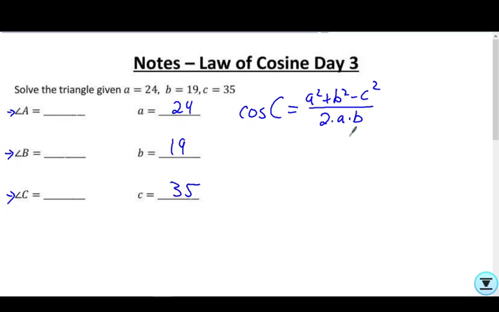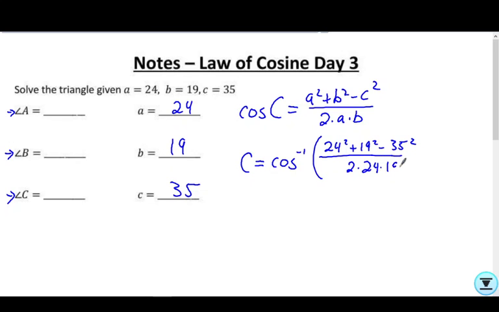So that's the equation. At this point, it's just plugging into the calculator. Angle C is going to be the inverse cosine of all this, and you plug in 24 squared plus 19 squared minus 35 squared over 2 times 24 times 19.